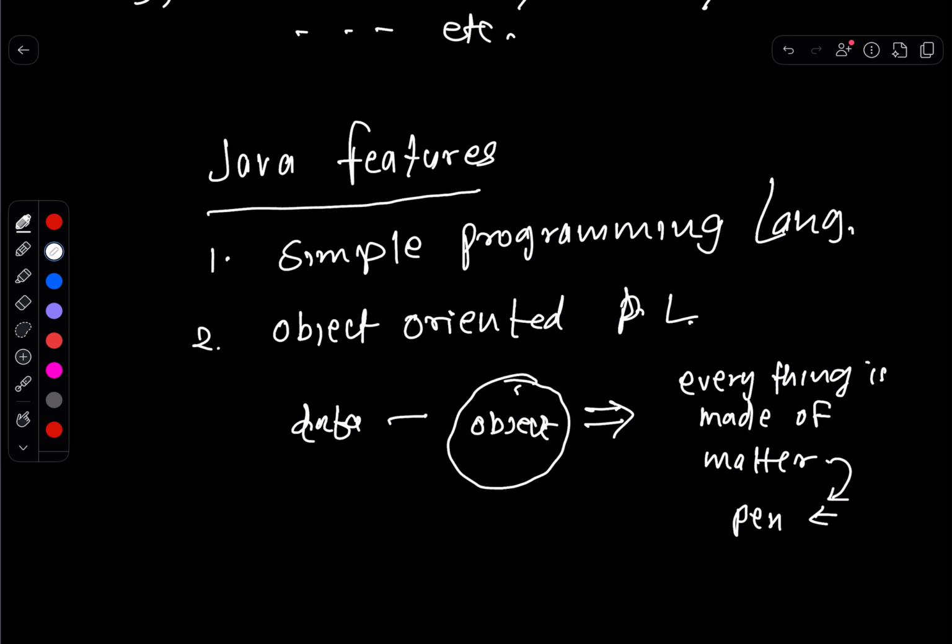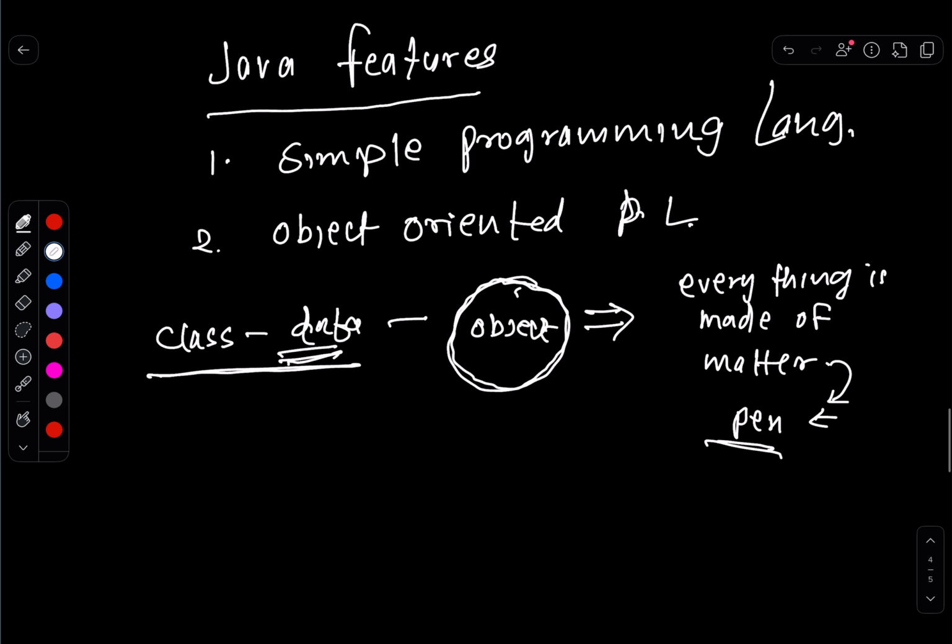In the same way, a pen is an object, and every object contains something which we call data, or class data. We'll see what is class and what is data in future, but this is the definition, and this is the object-oriented way in a very brief form.